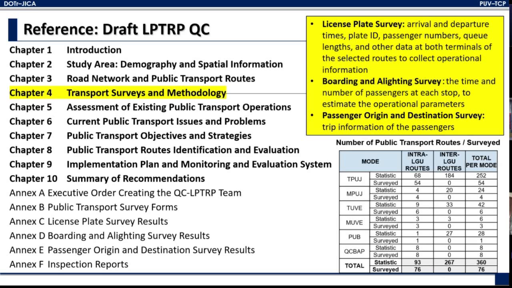Number one, let me say that already quite frankly. Again, Quezon City poured in a lot of resources, a lot of manpower, a lot of financial resources into the study that we did.